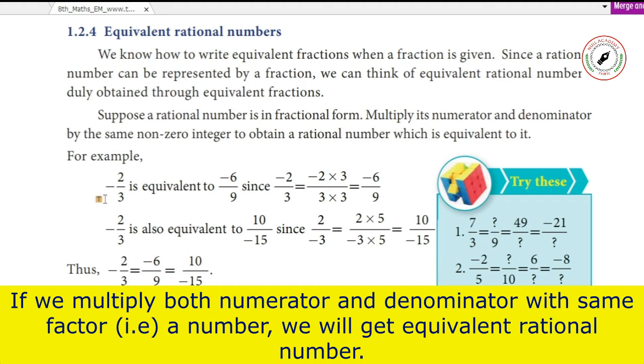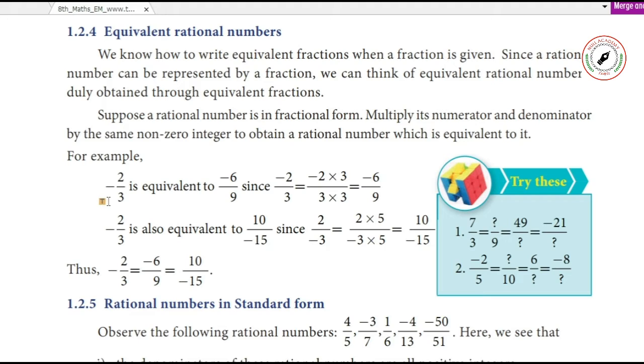The only point is that you should not multiply with 0. Multiply the numerator and denominator by the same non-zero integer to obtain an equivalent number.